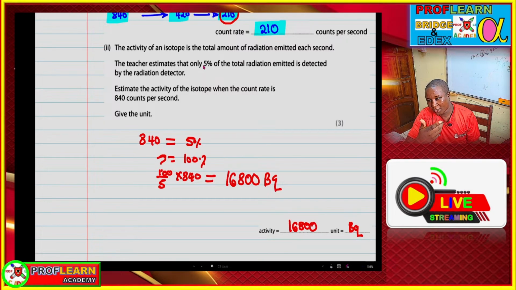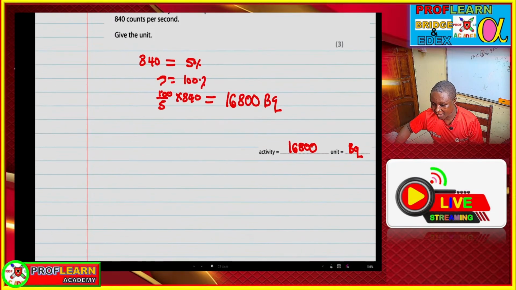In this case, only 5% is detected. So if the count rate registered was 840, and you are asked the activity of the radioactive substance, you say 840 is equal to 5%. What about 100%? If you work it out, you get the answer 16,800.